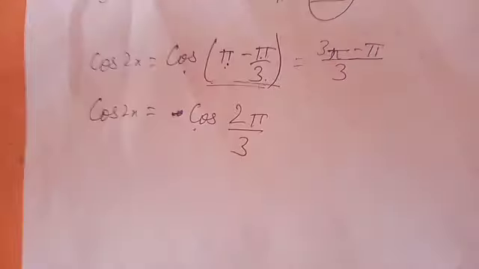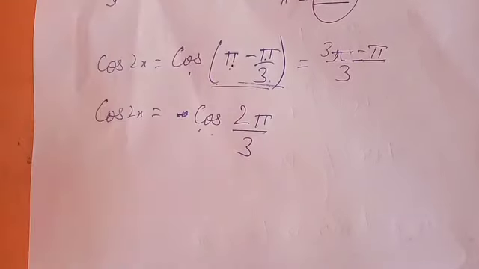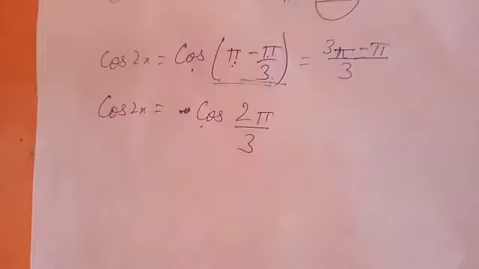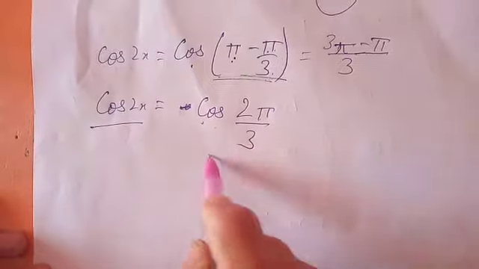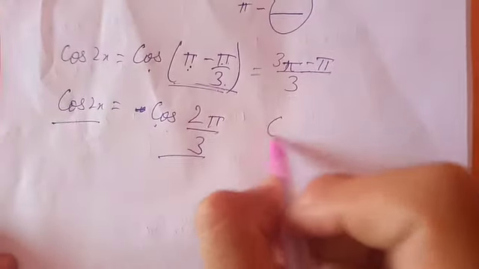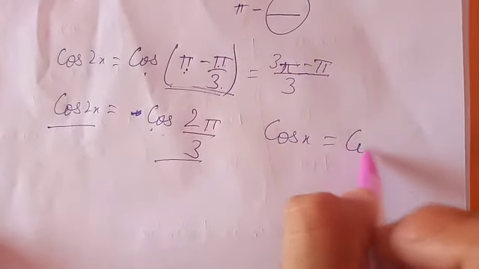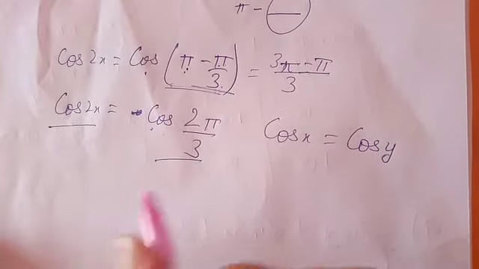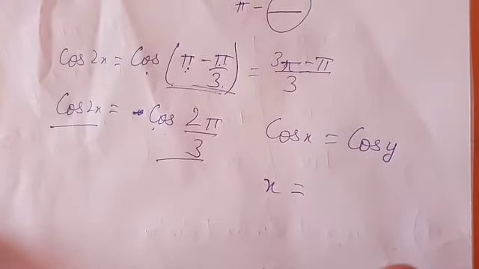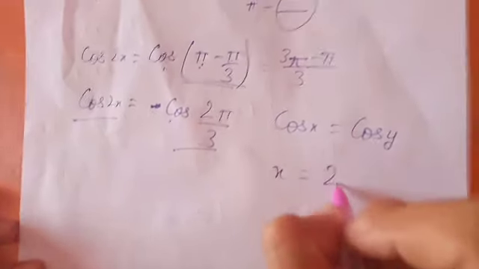Now for the general solution in the form of cos, whenever cos x is equal to cos y, x is equal to 2n pi plus minus y. What is our x here? Here our x is 2x.